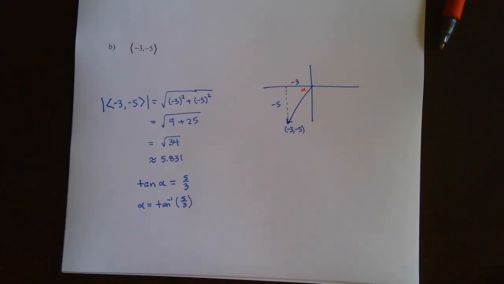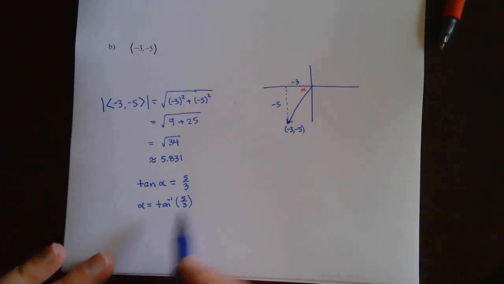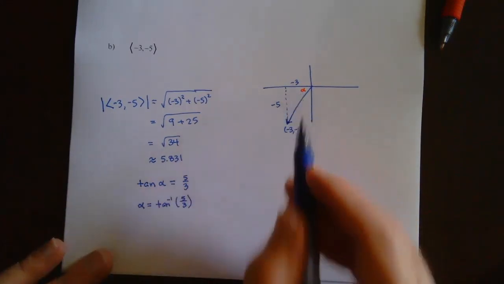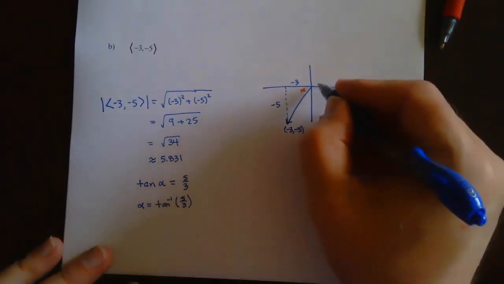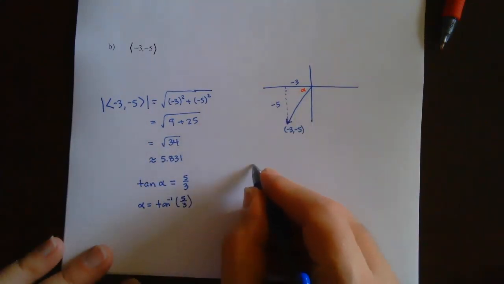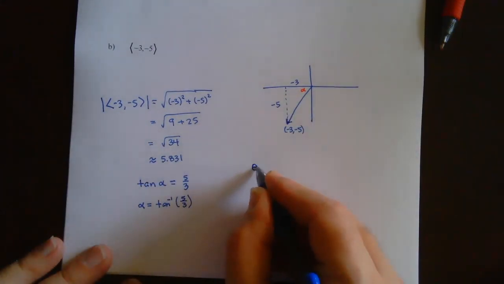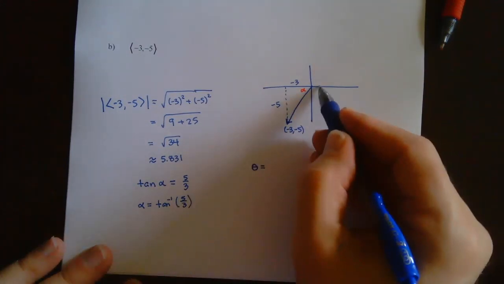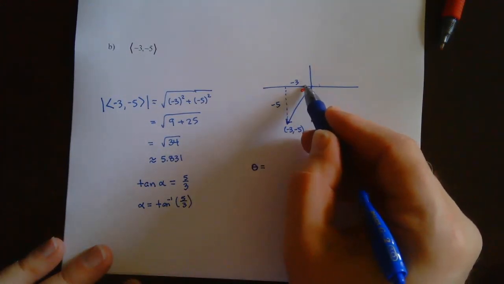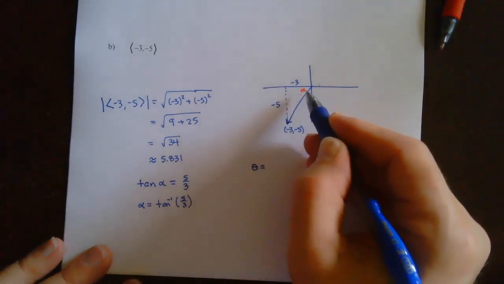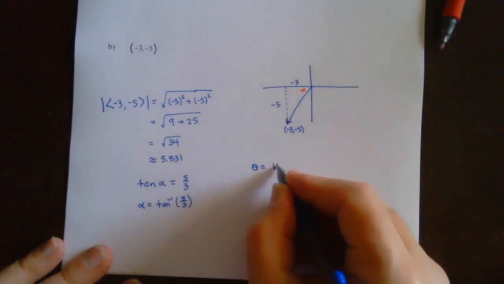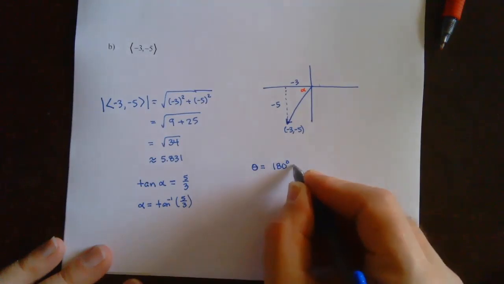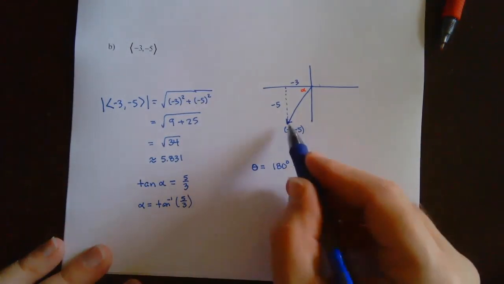All right, so if we put this in, we know that is the exact angle here. So what's my angle of rotation? That's the direction angle, right? Theta is equal to, and what I'm going to have to do is go to 180 degrees and add alpha, because of where this ended up.